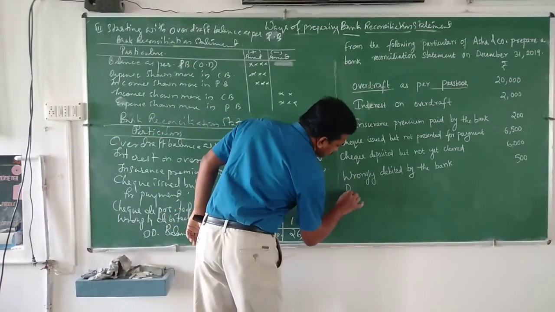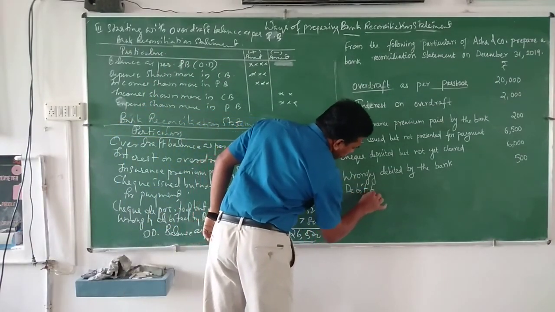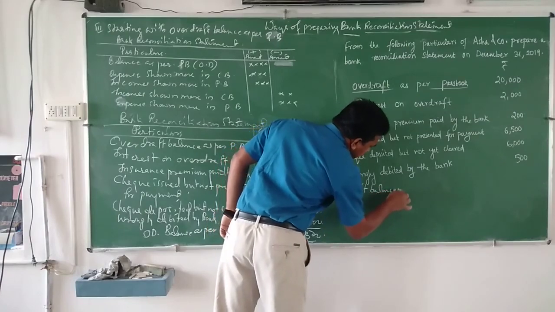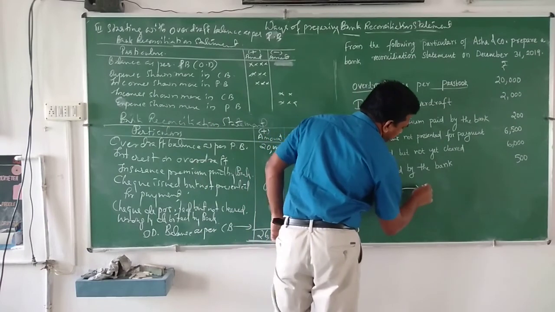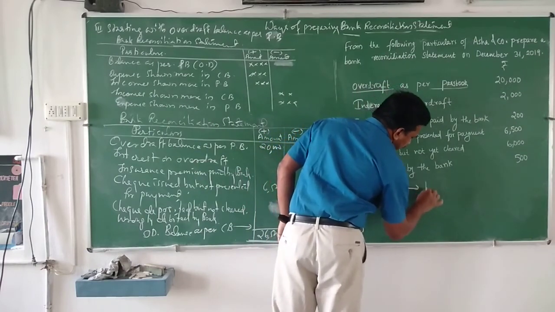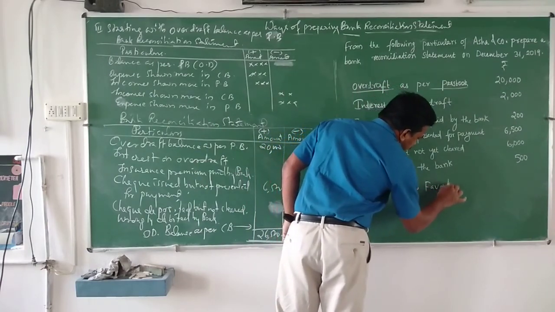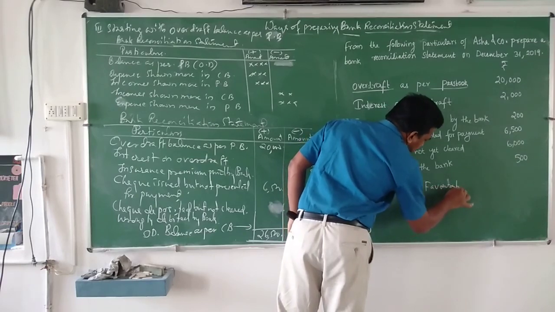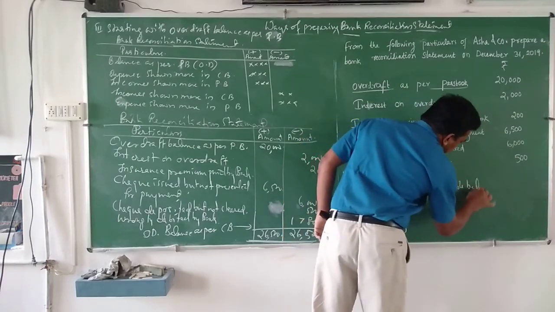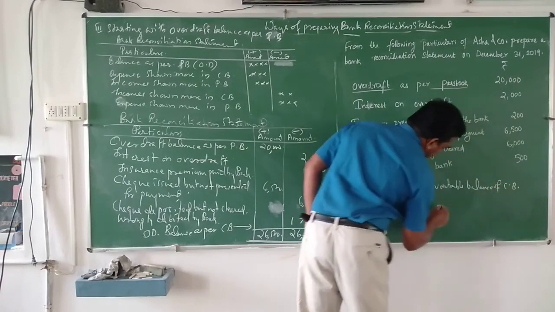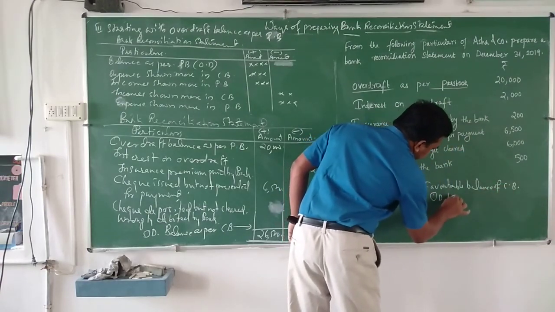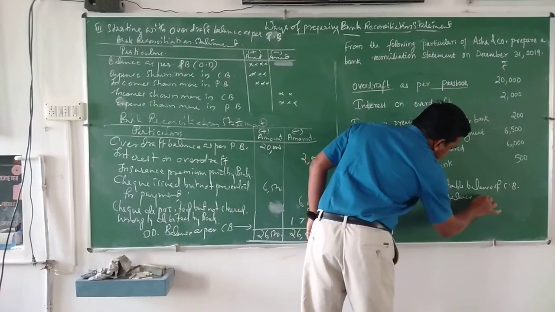Debit balances are favorable balance of cash book and overdraft balance of passbook.